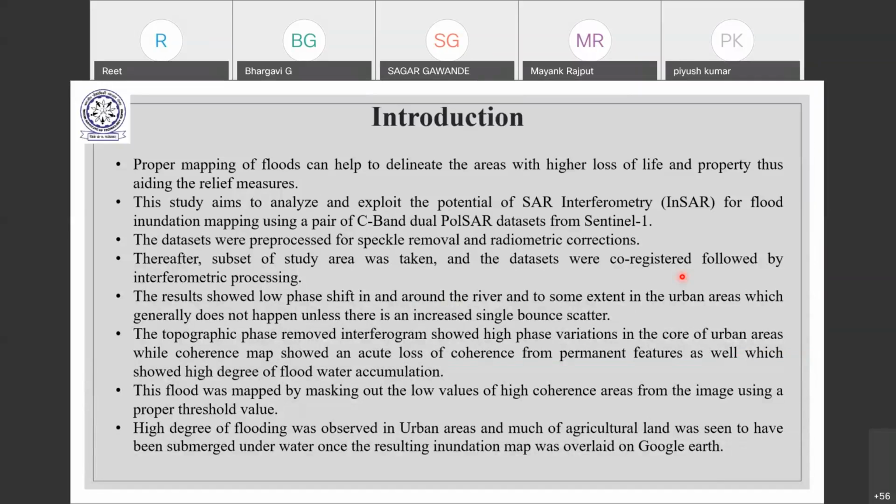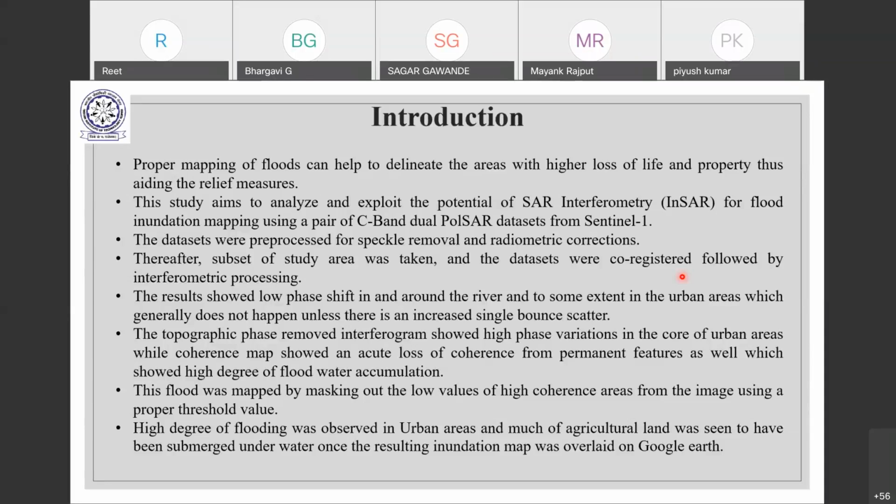Thereafter, a subset of the study area was taken and the data set was co-registered, followed by interferometric processing. Co-registration of the data is very important, because if you don't co-register, then the coherence for all the pixels will be lost. When we use any technique in remote sensing, the first thing is geometric correction, and geometric corrections include the co-registration of the data.